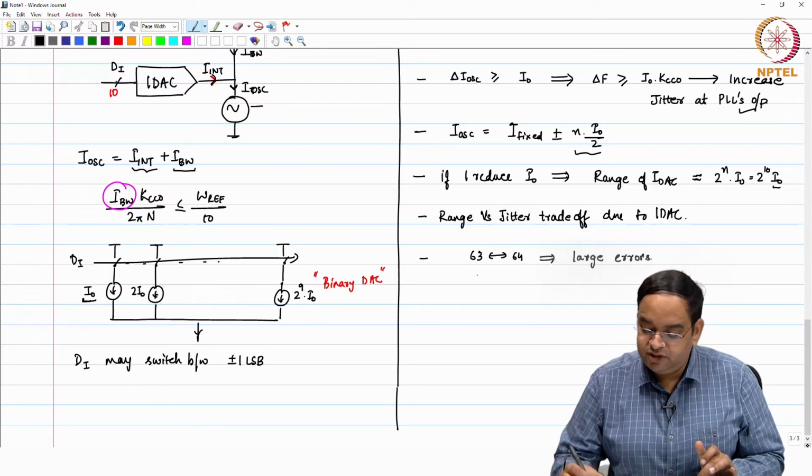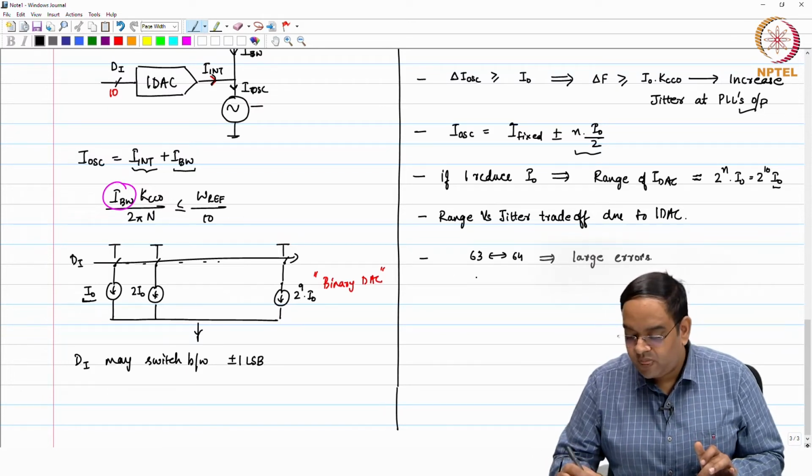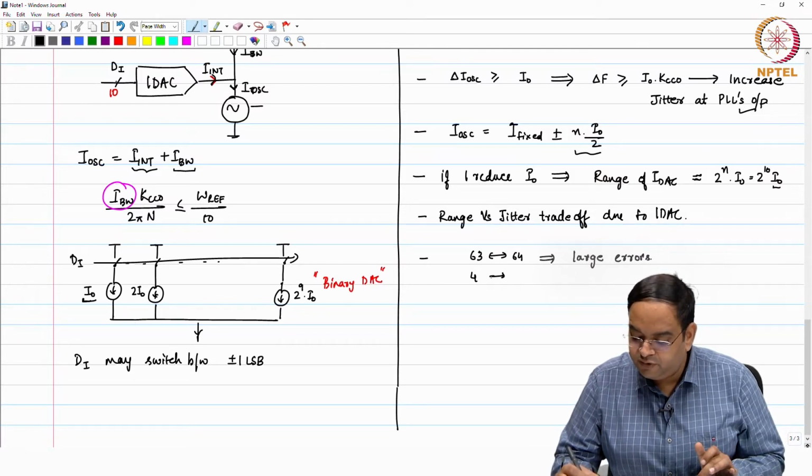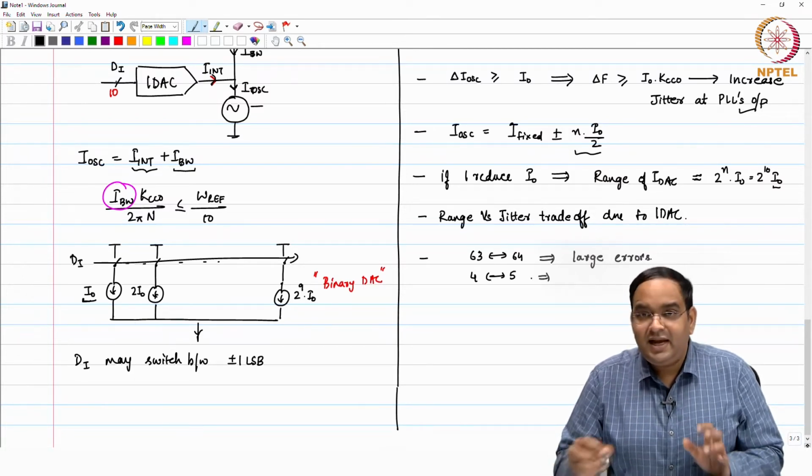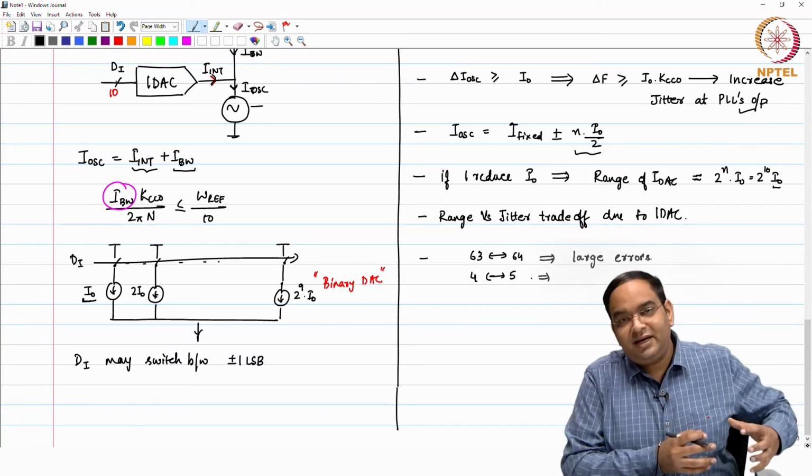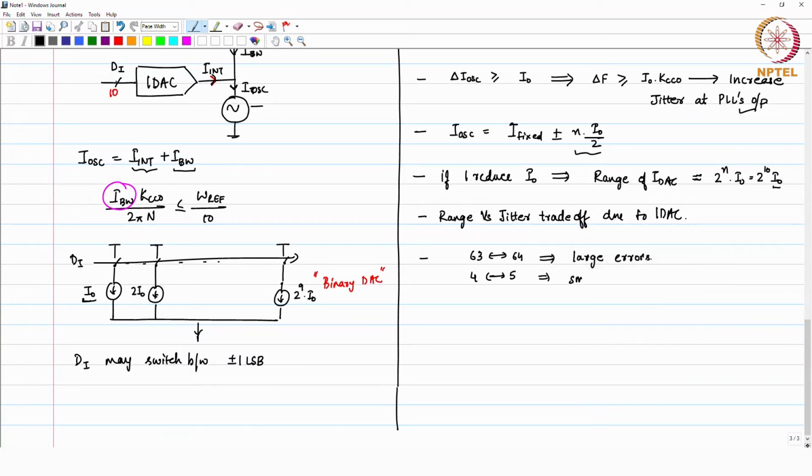Whereas, if you are switching from 4 to 5, where only one LSB switches, not all the current cells switch, that will give you a small error. So, the error depends on which bits are being switched, though it is only one LSB switching.